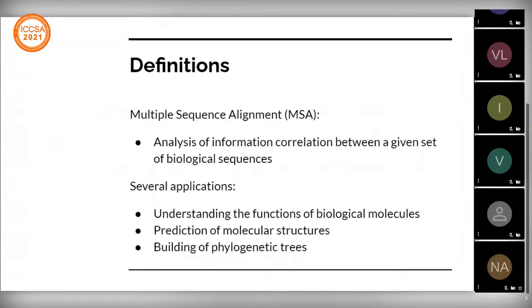In this problem, we try to do an analysis comparison between different biological sequences like DNA, RNA, or proteins in order to understand their biological functions, their structures, and to predict different protein structures, and build also evolutionary trees, which are also called phylogenetic trees.